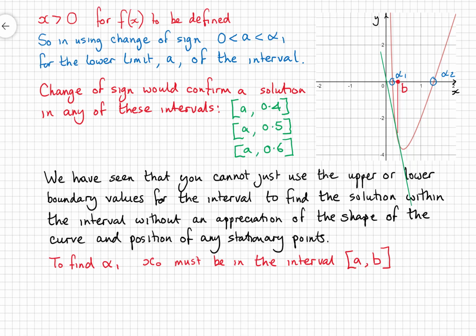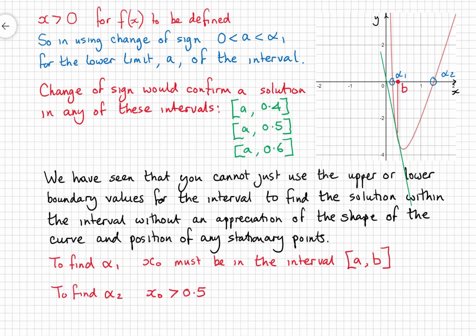Now I know, because we can see the graph, that we could actually probably go lower than the value of a, but it's unsafe to go lower or higher than the boundaries of the interval that you found the change of sign for, in case there is some unexpected behaviour of your function.